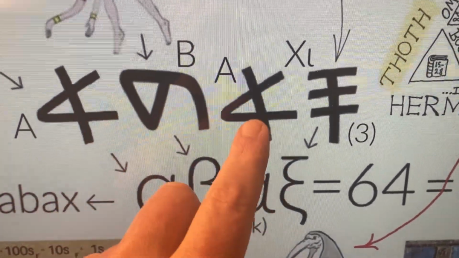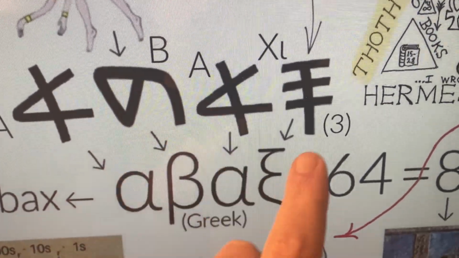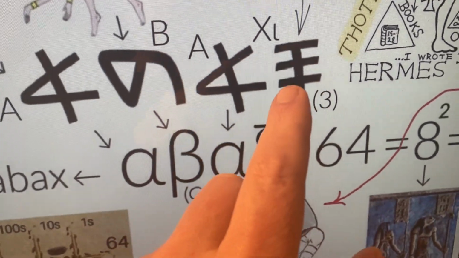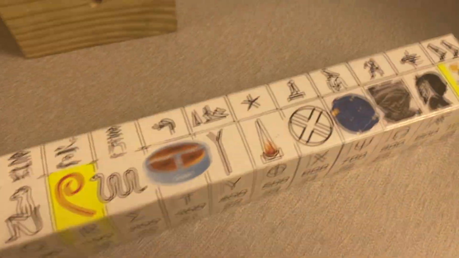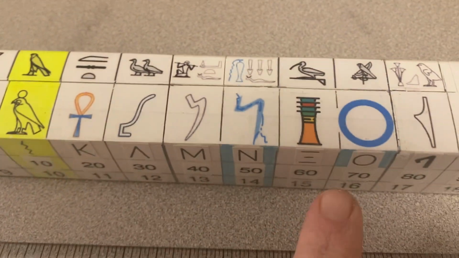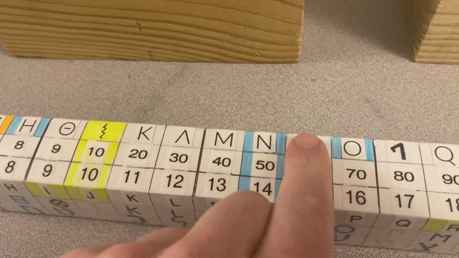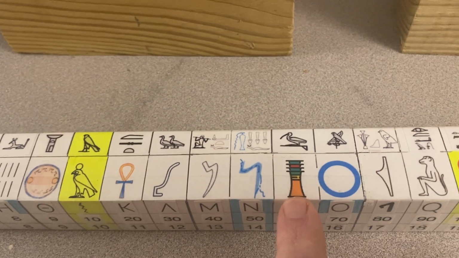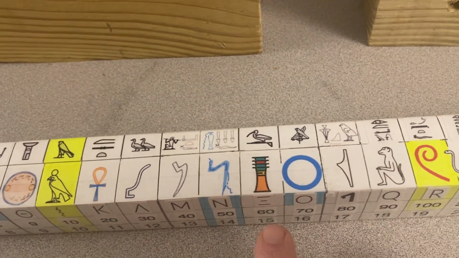A, B, A: 1 plus 2 plus 1 equals 4, plus the Osiris Djed pillar equals 80. So if we go over here to the 15th letter, in Greek this is Xi, but in Egyptian it's the Osiris Djed pillar. And then we see the Thoth ibis at the 15th position.